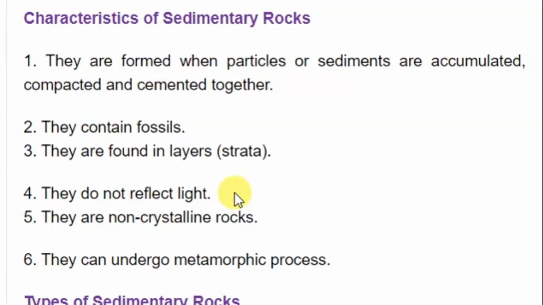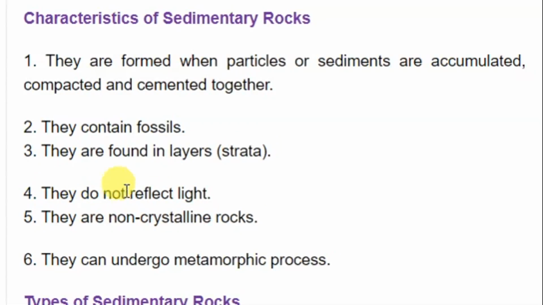Now, on the characteristics: sedimentary rocks are soft, different from igneous rocks, which are hard. They are formed when particles or sediments are accumulated, compacted and cemented together. So various kinds of waste accumulate, then sediment, they gather and stay there. Now they contain fossils, remains of animals, bones. They are found in layers, or we call them strata.